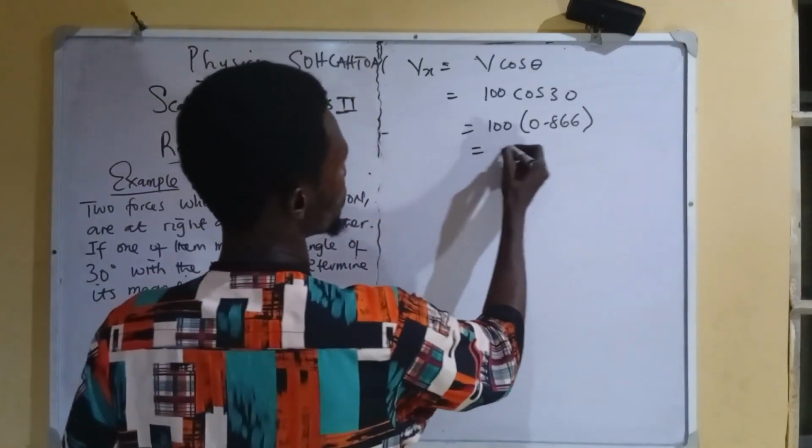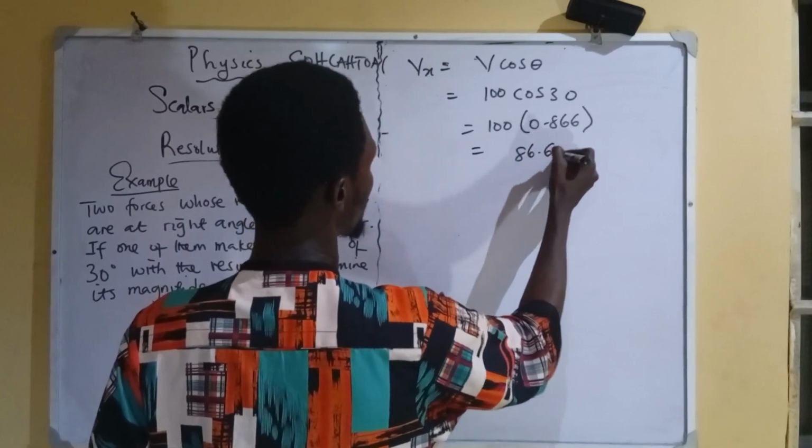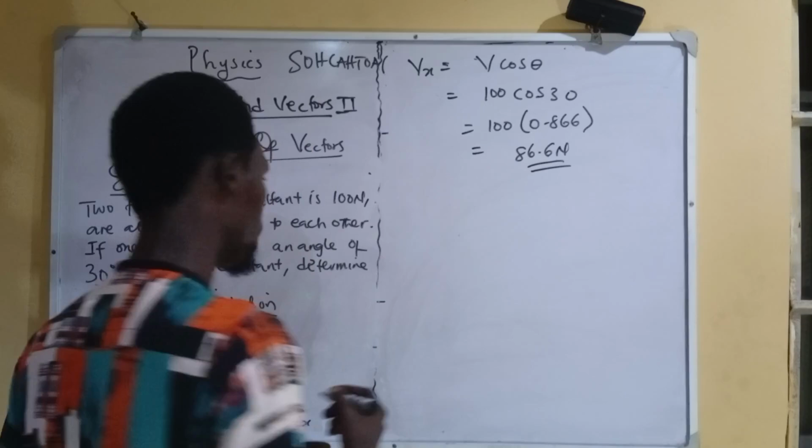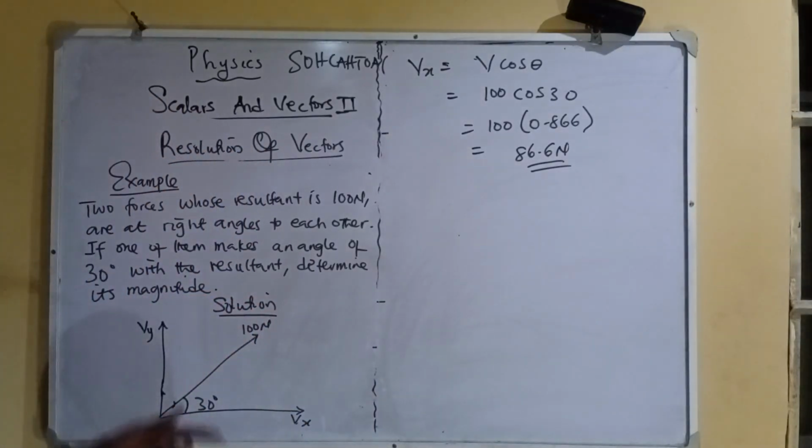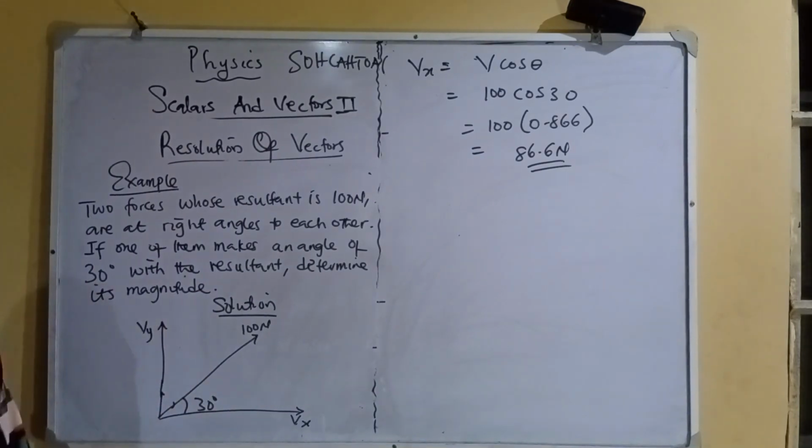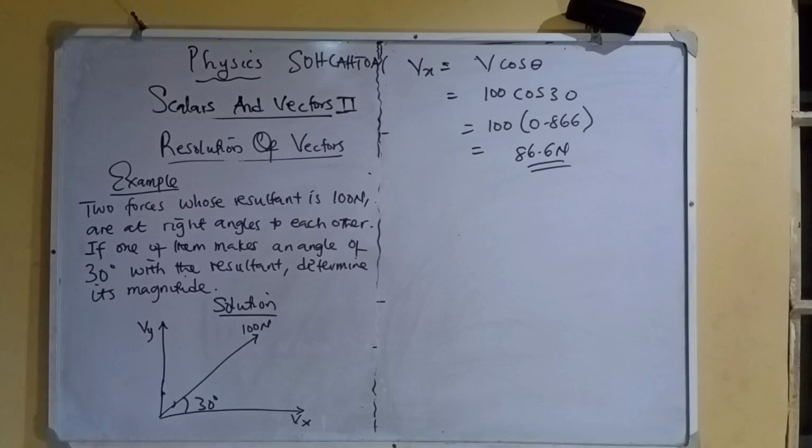Use your calculator, and you get 86.6 Newton as the magnitude of that vector. Even if you put it on the other one, it will still be the same answer. So this is one example. I think I will have to solve another example. Alright, let's consider another example so that you will get better. I think this time around it will be an applied example.